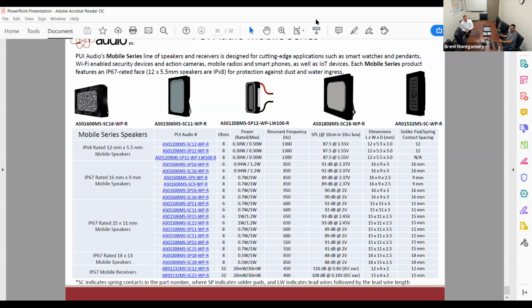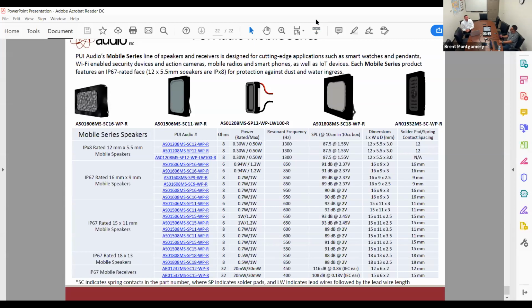For the purpose of keeping the presentation succinct and short, we focused on the larger speakers, some of the newer products, and then the small mobile series speakers. But for those of you in the middle of the range, he did show some 32, 36, but 40 millimeters, 50 millimeters, those are very common sizes, 28 millimeters.